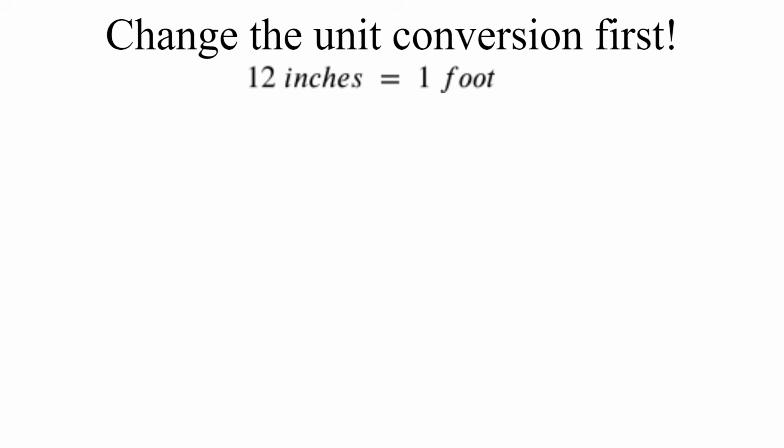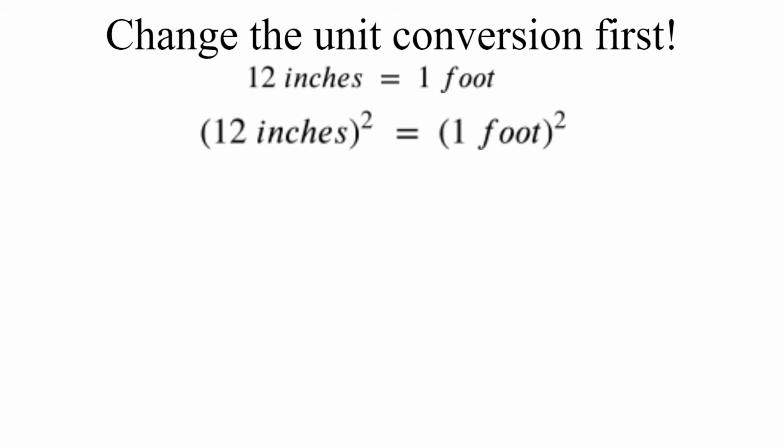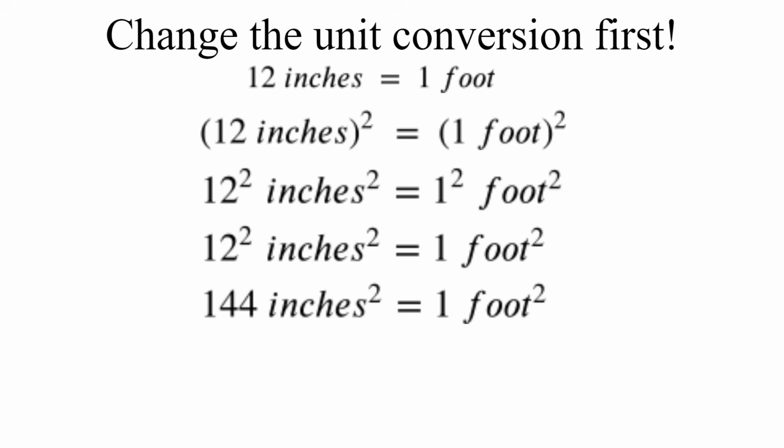So what you're going to do to get square inches and square feet is square both sides of the equation, which is a valid algebra operation. The rules of exponents now tell us that we can distribute that power of 2 to both the unit and the number. So we're going to write 12 squared inches squared equals 1 squared foot squared.